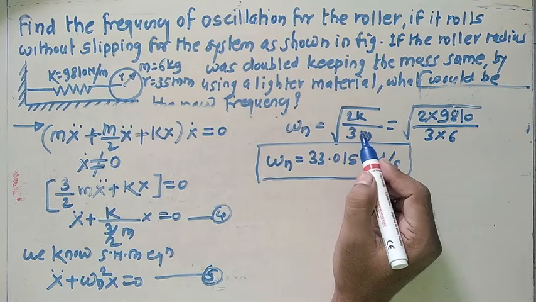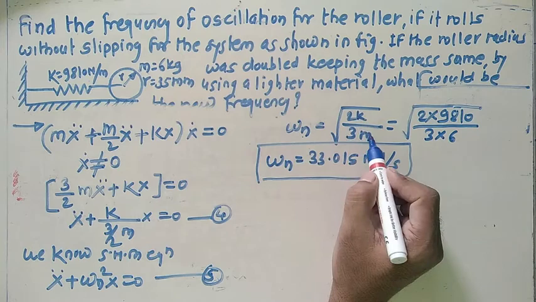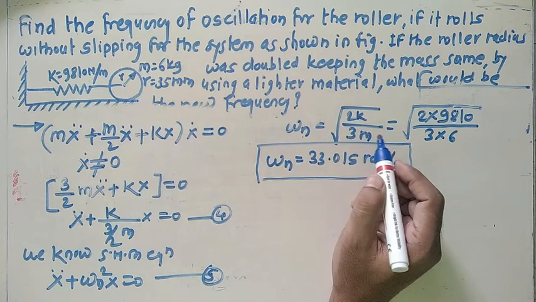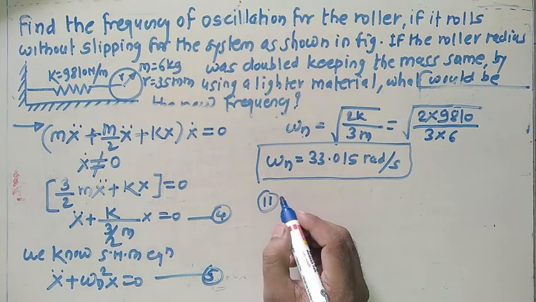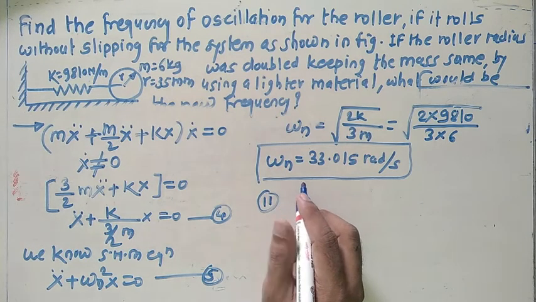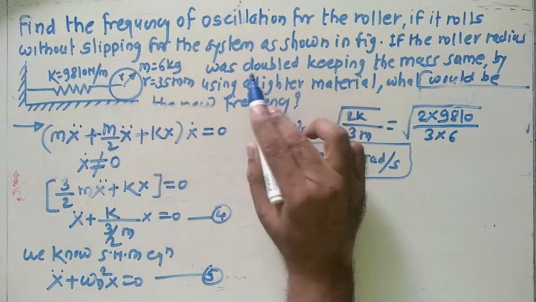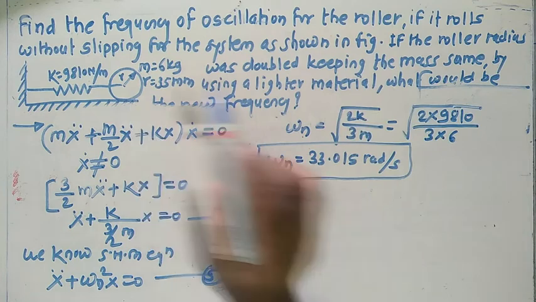Only this omega depends upon k and m. So the answer for the second question is that there will be no change in the frequency.